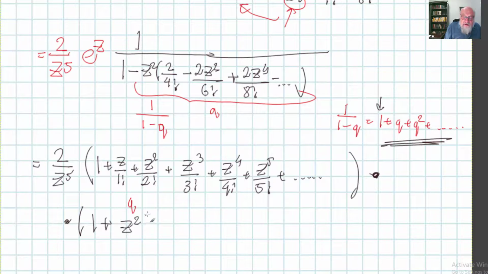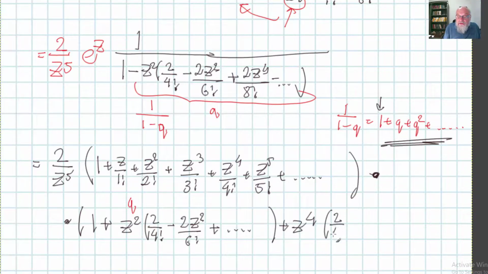This is going to be z squared times 2 over 4 factorial minus 2z squared over 6 factorial, plus and so on, and then you have plus z^4 times 2 divided by 4 factorial minus 2z squared over 6 factorial plus the square, and others. Notice that here powers are all larger than 4, and here all larger than the square.